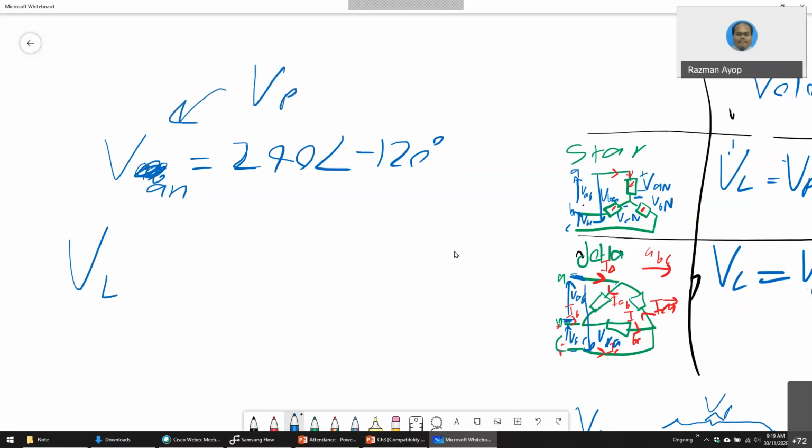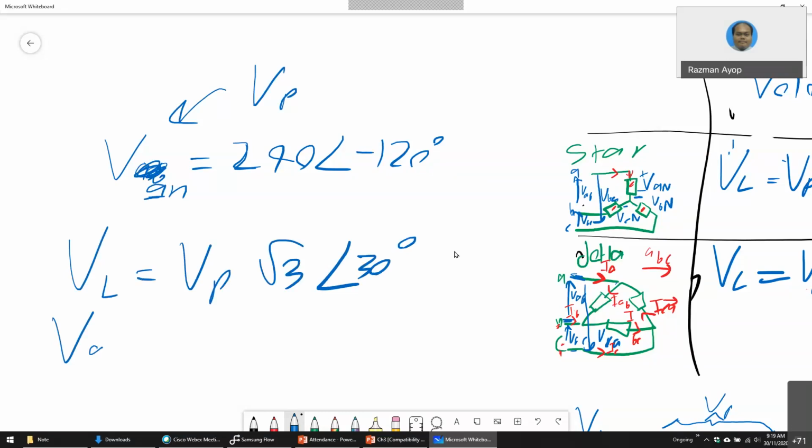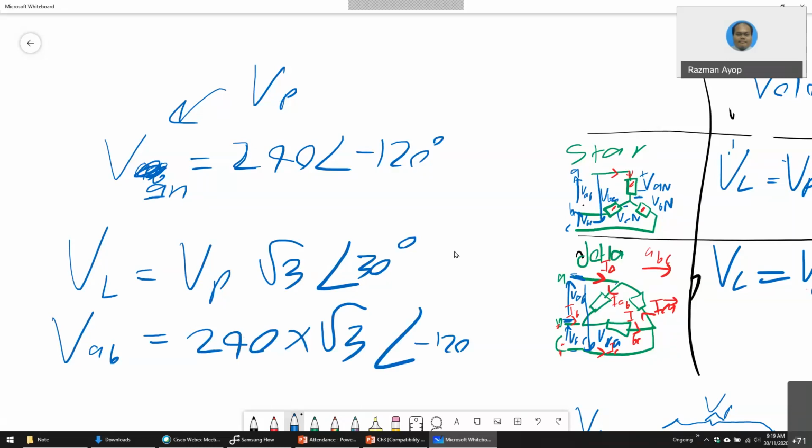So V line equals V phase times square root 3 angle 30 degrees. For this case, you look at the beginning: A, B, so VAB is what we want. 240 multiplied by square root 3, and then the angle is negative 120 plus 30.